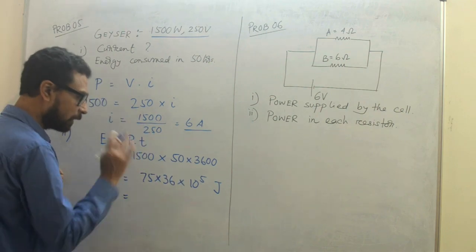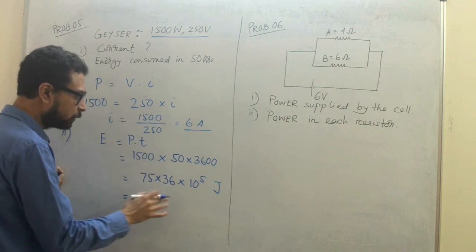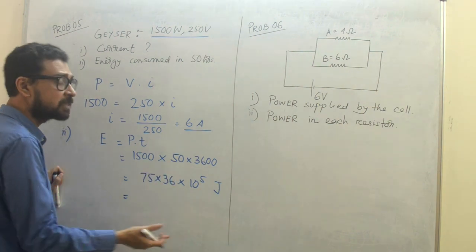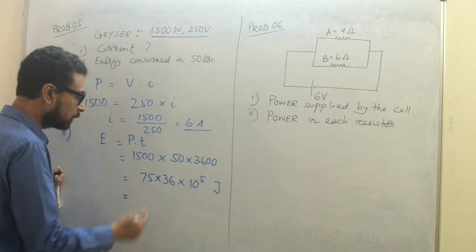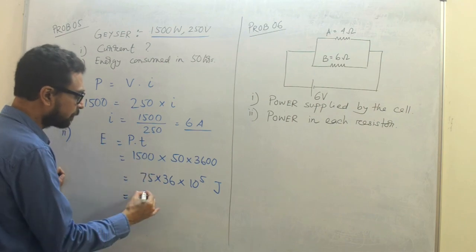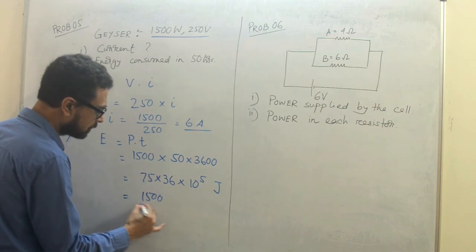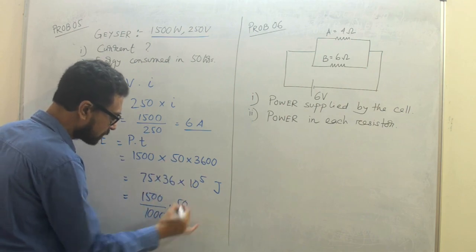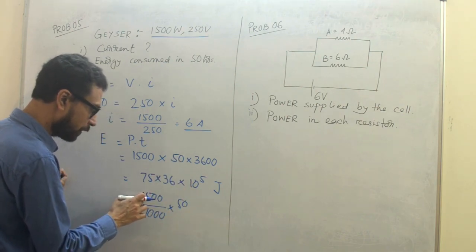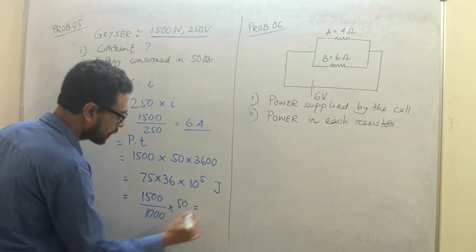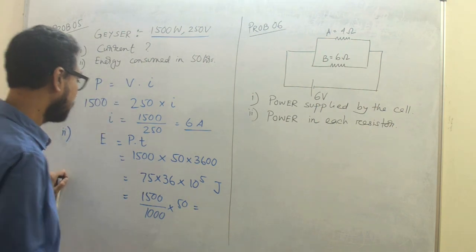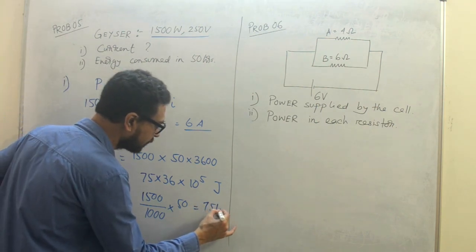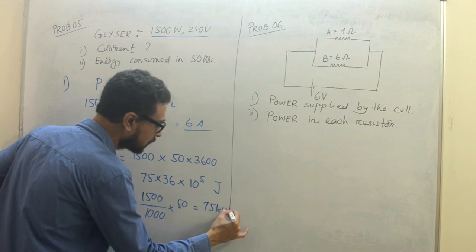But better is, let me tell you, in ICSE, what you do is, you have 50 hours, right? You express it in kilowatt hour. So 1500 divided by 1000 will give you kilowatt, and the hours stay as they are. So this is 1.5 into 50, which is 75 kilowatt hour.